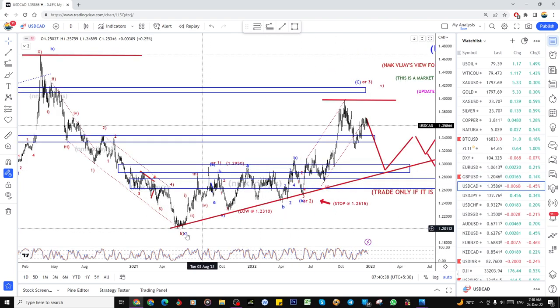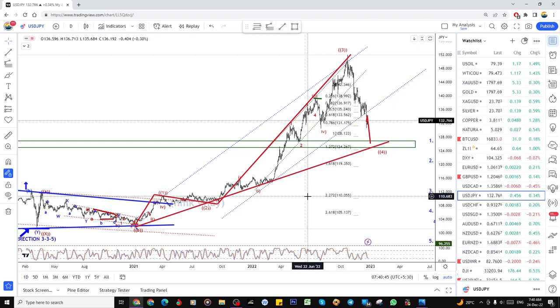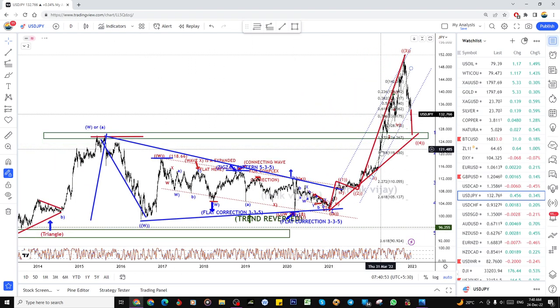If we place this trend line here in USD/CAD also, it's the same thing in USD/JPY. Previously I thought this could be the channel, so wait for this to get the conclusion here.